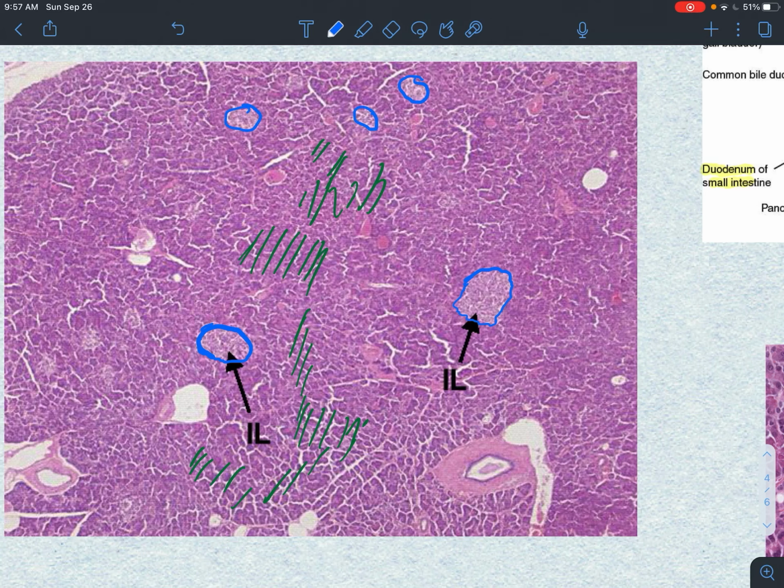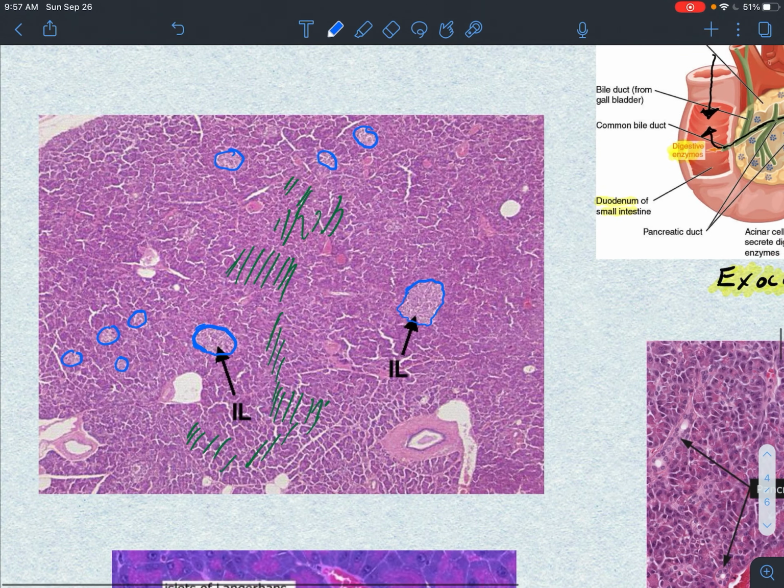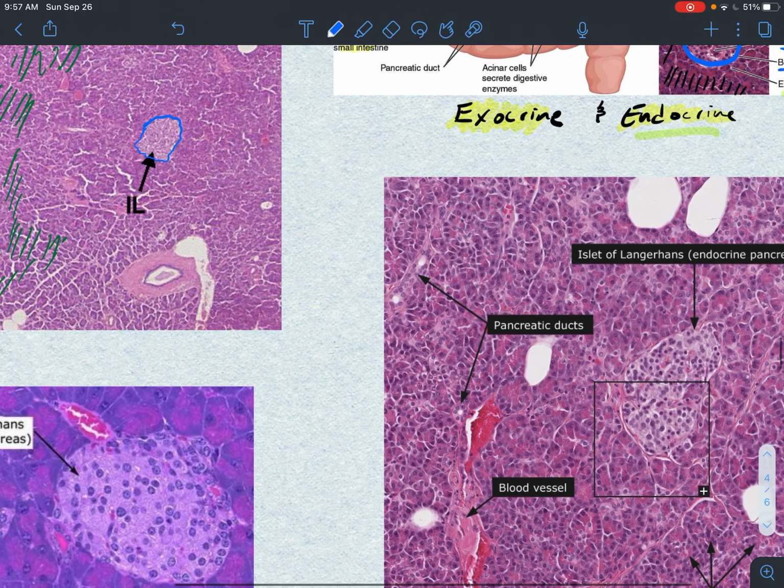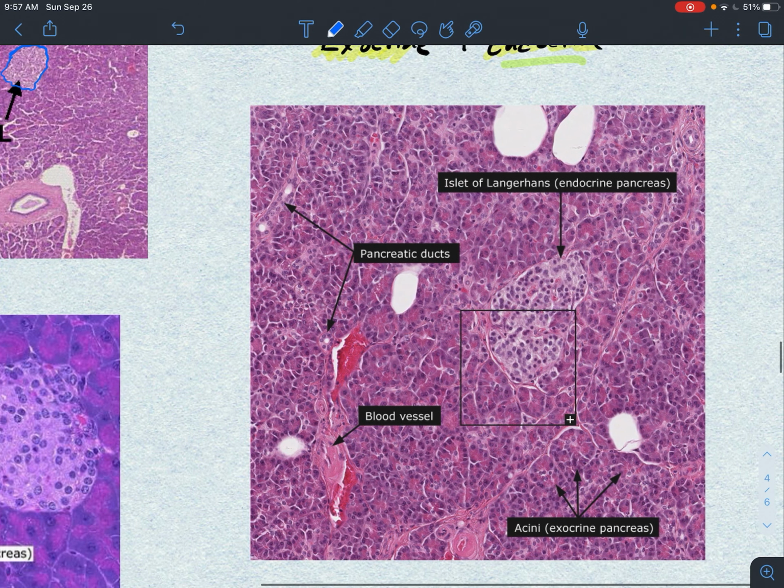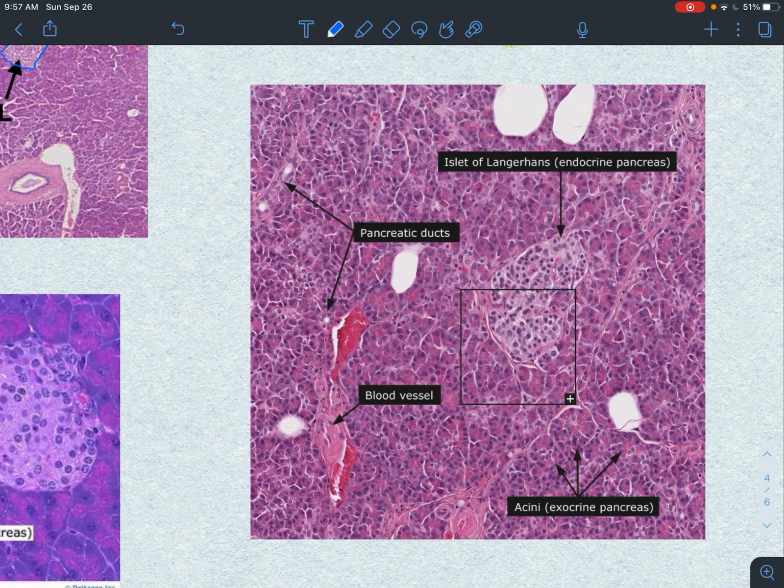And the word islet comes from the word island, right? It's the same word, really. So you can think of it as islands, and acini comes from the word sea or water. So you can think of them as islands or islets, right, that are surrounded by water or acini. That's one way to view this to help you make sense of this and to help you not confuse it with other slides.